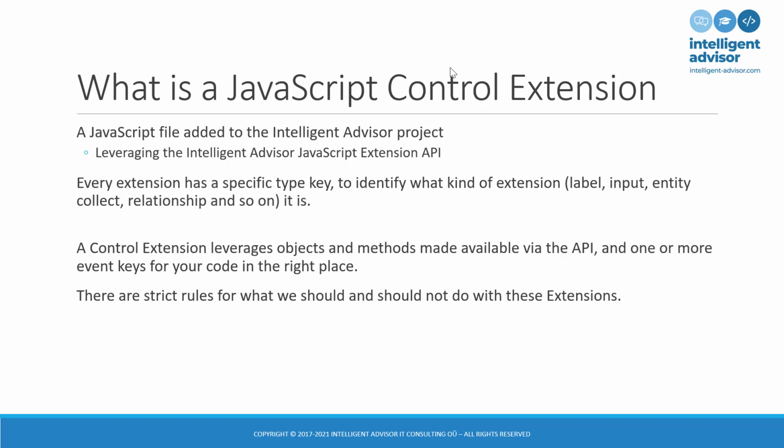So a control extension for a container basically lets you override or extend in some way the behavior of a standard container. Similarly, for a custom input, you're going to be providing something over and above, or in some way different to, the standard Oracle Policy Modeling input control.